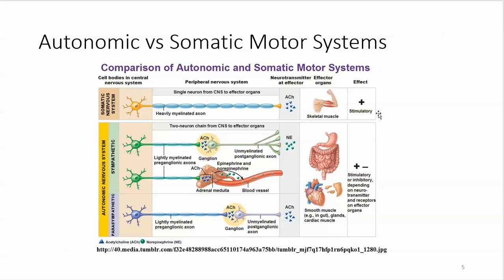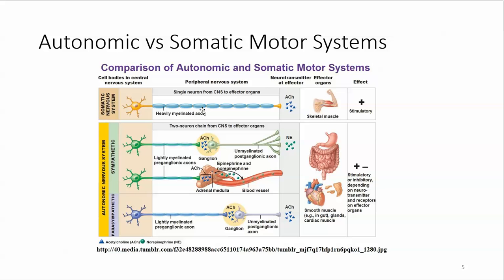Here's a picture of the autonomic versus somatic motor systems. Now, the somatic nervous system, the somatic motor system is part of the peripheral nervous system that handles voluntary control of body movements. So the other part of that would be the sensory portion.